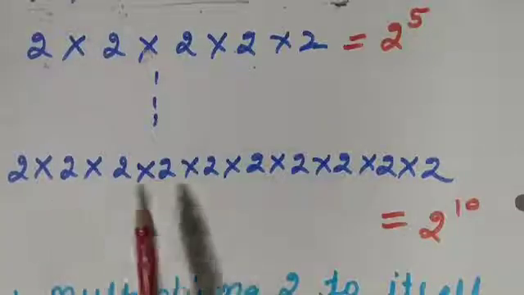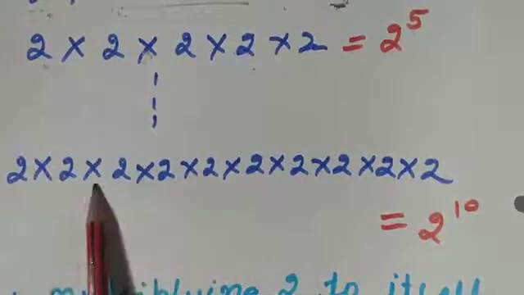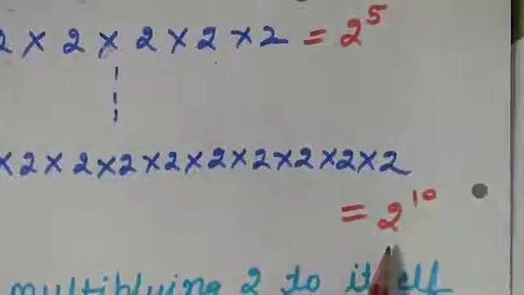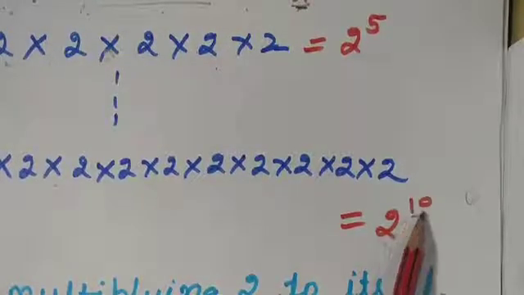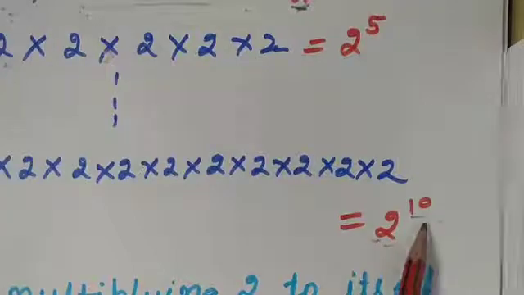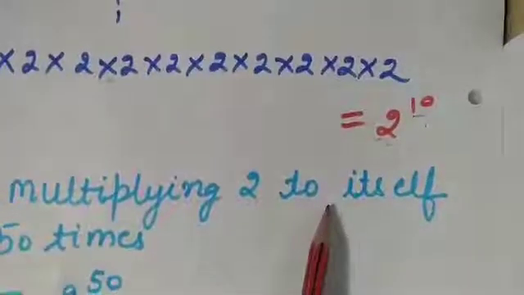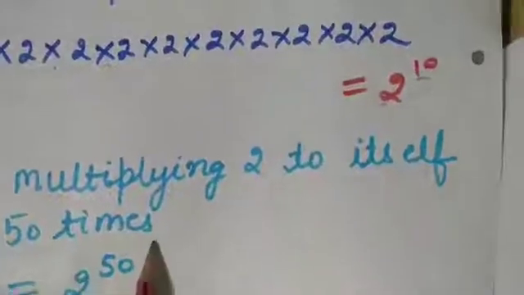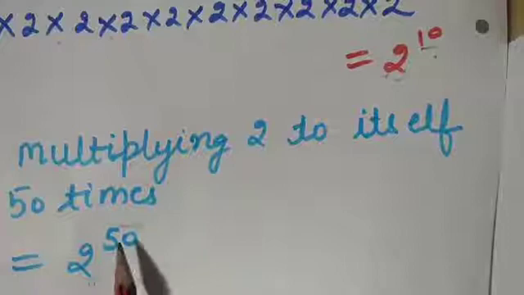Likewise, when 2 is multiplied by itself 10 times, it can be written as 2, and 10 written in the superscript of 2. Similarly, multiplying 2 to itself 50 times can be written as 2 with 50 in the superscript.